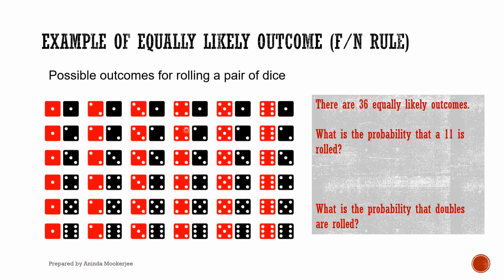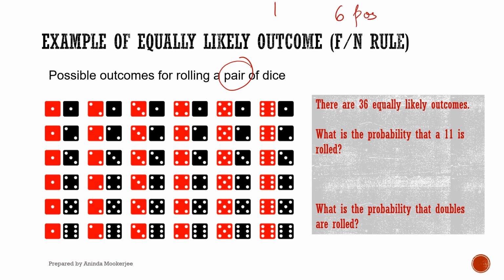Let's look at this example of finding probabilities when we roll a pair of dice. Pair of dice would be rolling 2 dice together. So here we are shown all possible outcomes from rolling. One of them is a red die and the other one is a black die, and we roll them together. Now, if we had rolled just one die, we would have 6 possible outcomes.